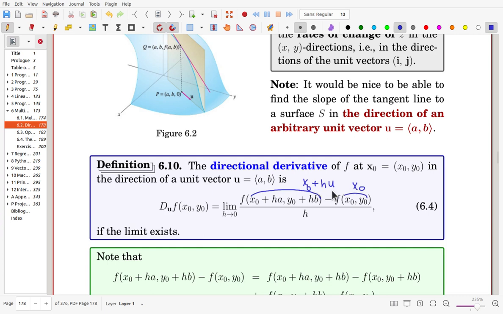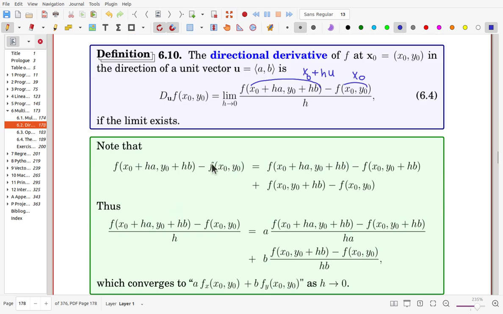So in the u direction, we try to find the slope. Once the limit exists, we say that is the directional derivative of f in the u direction. That's the definition.